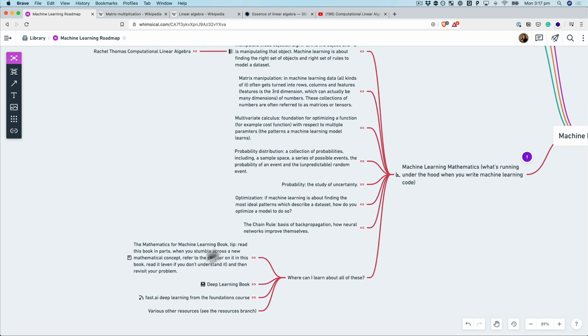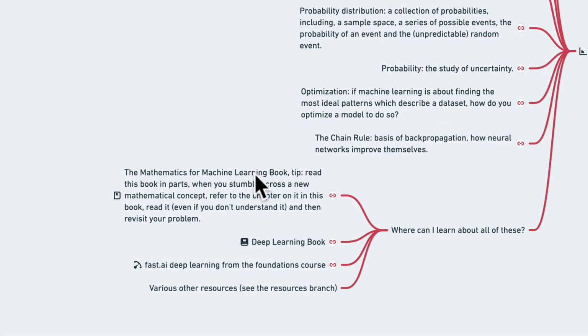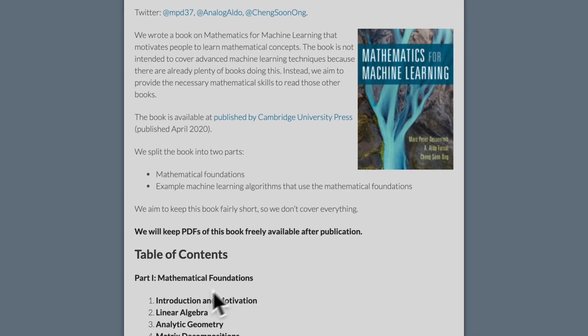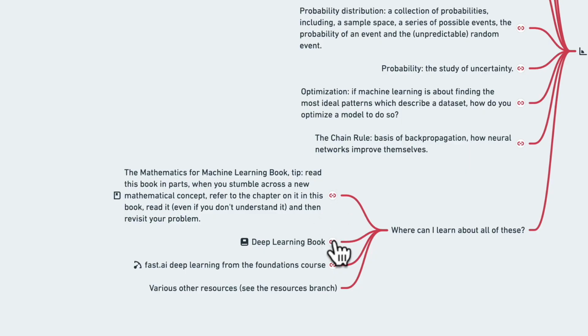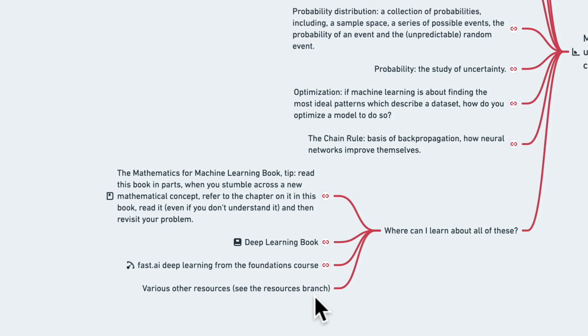So get good at math, read this book end to end, the Mathematics for Machine Learning book, my favorite resource for learning mathematics for machine learning. Here you go, some of the things we've just talked about. Mathematical Foundations. You've also got the Deep Learning book, Fast.ai Deep Learning from the Foundations, and various other resources. So see the resources branch.